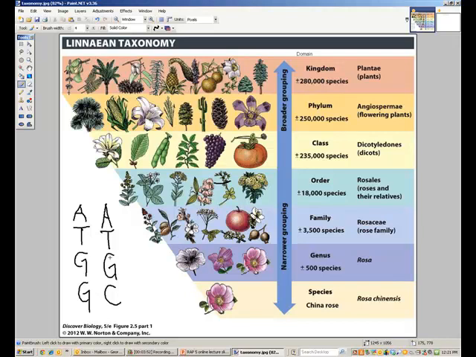So there are three criteria that are used to place organisms into these categories: morphology, DNA, and behavior. All right, so that's taxonomy.